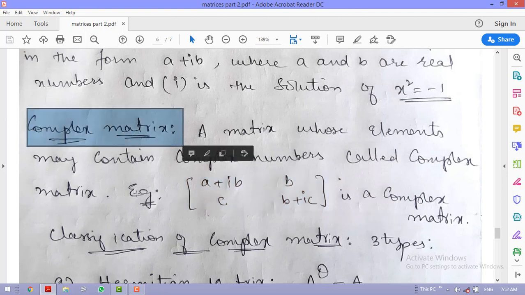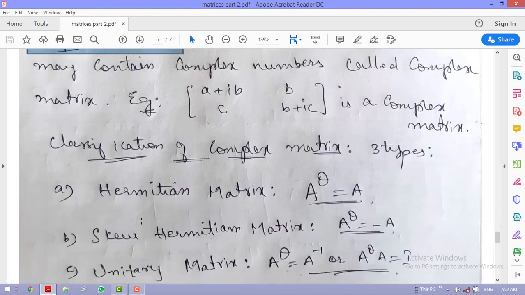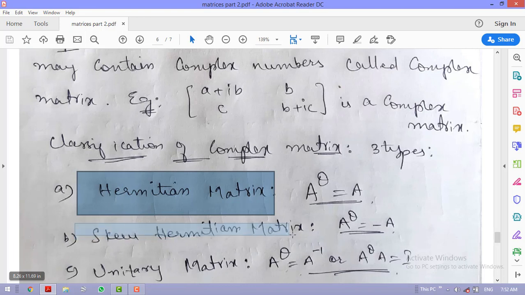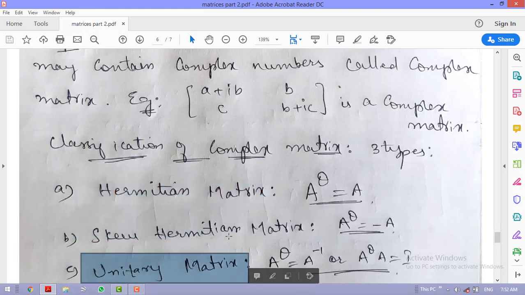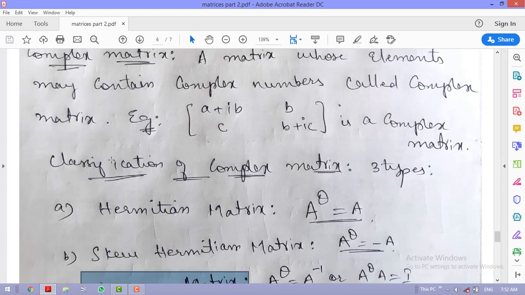Based on this, how has the complex matrix been classified? These complex matrices have been classified into 3 types. The first is Hermitian, the second one is skew Hermitian, and the third one is unitary matrix. This classification is based on a matrix and the transpose of the conjugate of that matrix.